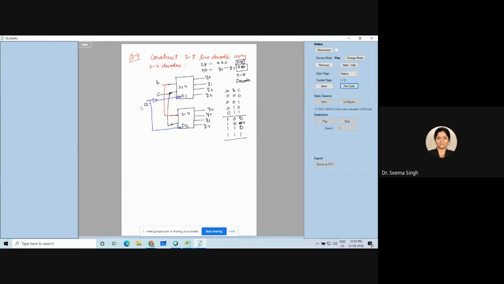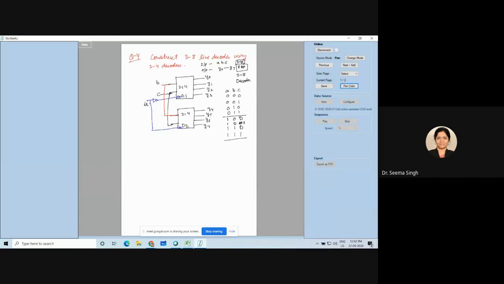When A is 0, this becomes 1, so your decoder 1 is enabled, and the enable of D2 will be 0, so D2 will not be working at all. Why? Because A is 0 and it did not enable decoder 2 to work.